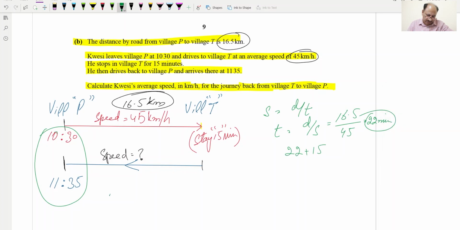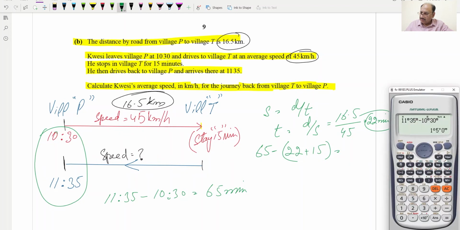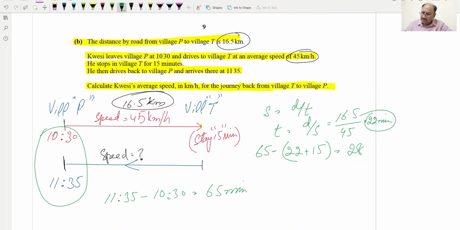So we can write here 11:35 minus 10:30 is equal to 65 minutes. This is what we have been provided, and from 65 minutes we will subtract these two and we will get the return time, and that return time is how much? 65 minutes minus 22 plus 15, which is equal to 28 minutes.